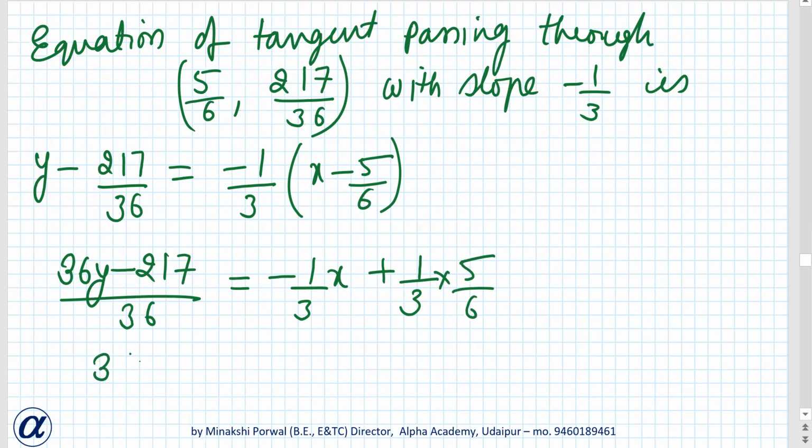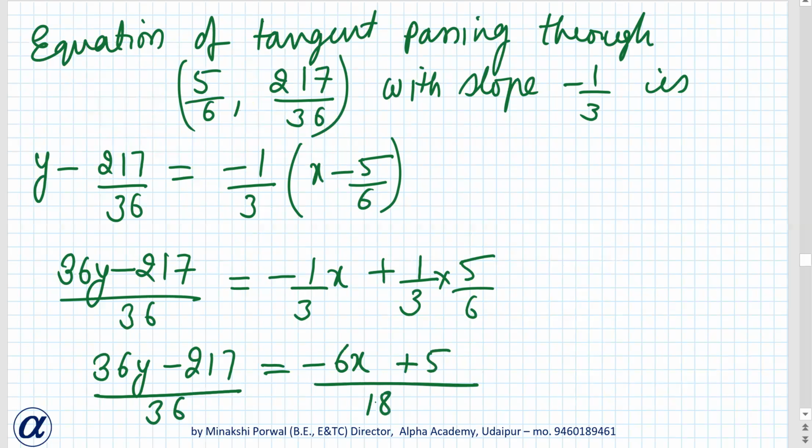So this will be 36y minus 217 equals minus of 18, so 6x plus 5 upon 18, that is equal to this.